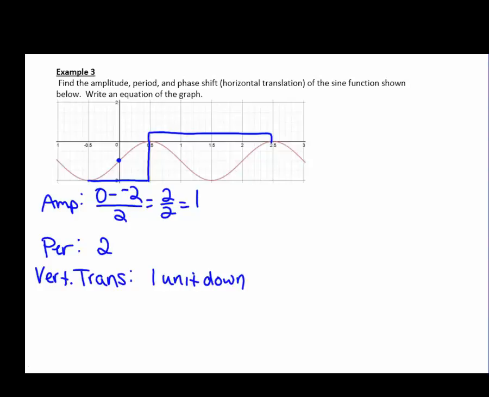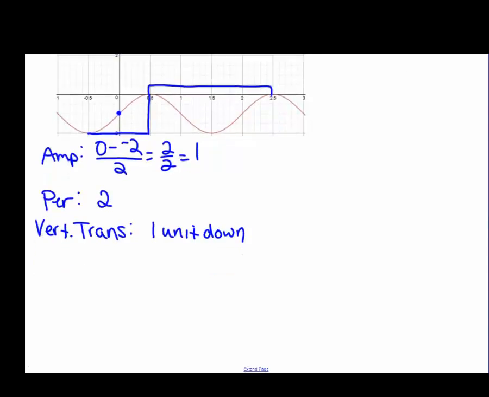Okay, and so we can take all that information and use it to come up with an equation for this graph. Now, remember that our generic equation is y equals a times the sine of the quantity bx plus c. We know that a is 1, so we can write the 1 or not.